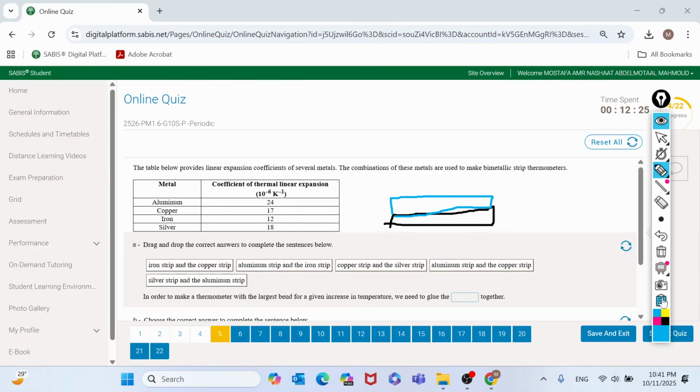But let's say black has a higher coefficient of thermal linear expansion. Let's say black is 10 and blue is 5, for example. So black would grow more. The coefficient of thermal linear expansion doesn't cause it to bend, it just causes it to grow.